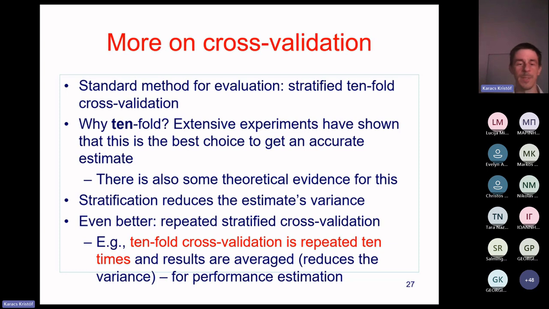Cross-field results typically show that 10-fold gives the best performance in terms of average results. And if you use just 5-fold, that can be somewhat less accurate, but it's still very much acceptable.